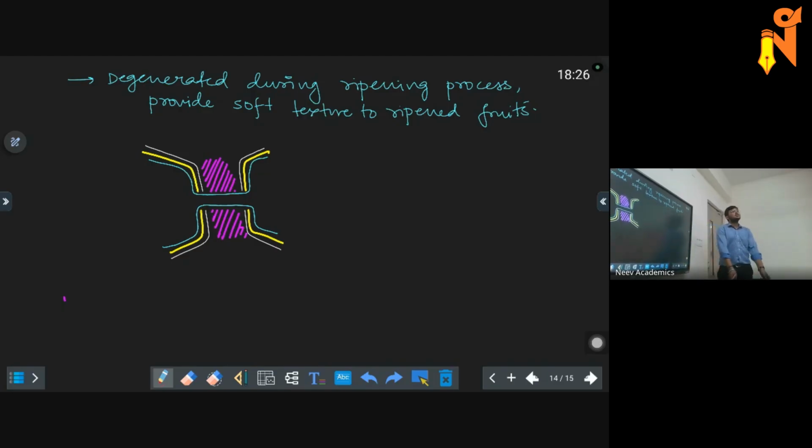There are some structures other than plasmodesmata which are formed during the maturation process. Eventually, they will degenerate, but they are formed during the maturation process for the continuation of the metabolic process. Like, if I draw these two layers as the primary wall, these are two adjacent cells. This is the cell wall, this is the cell. Now, during the maturation process, they will deposit the secondary wall, and eventually the thickness of this secondary wall will increase.